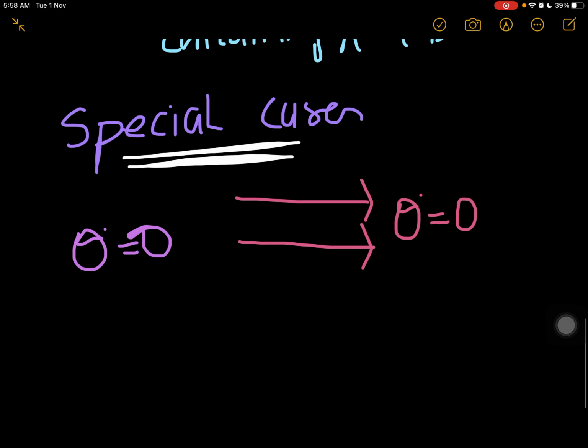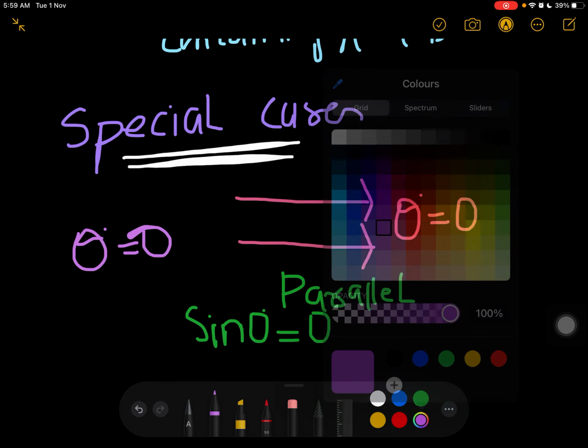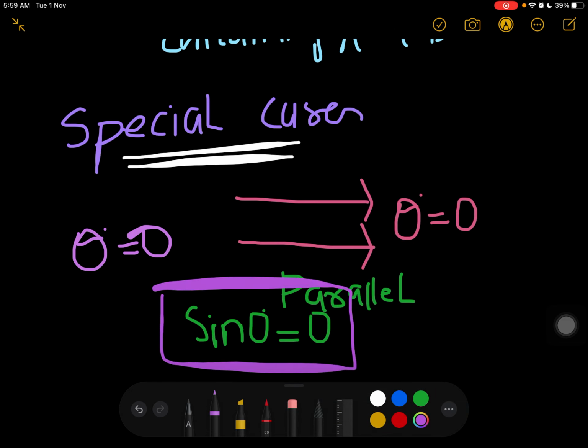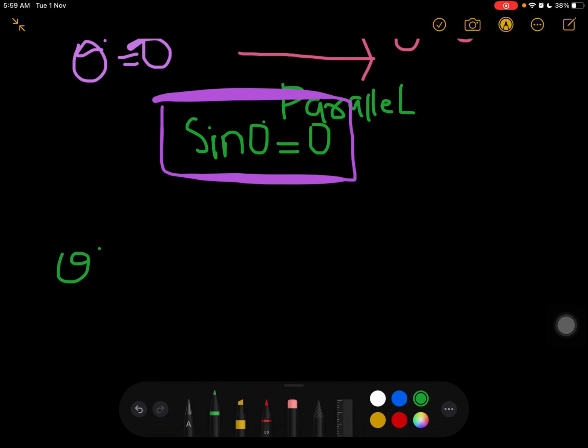So you know that these vectors are parallel. So sine 0 is equal to 0. You have to remember this thing: when the angle between two vectors is 0, the sine will be 0, so the vector product will also be 0, right?